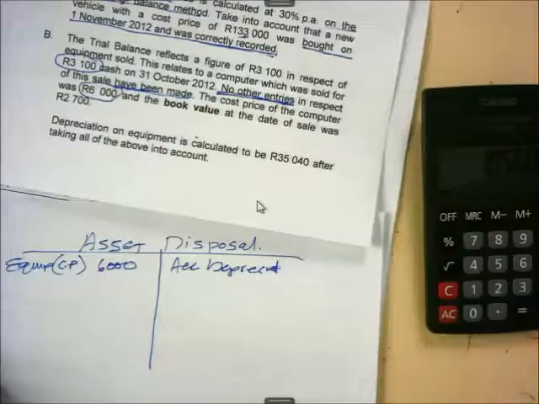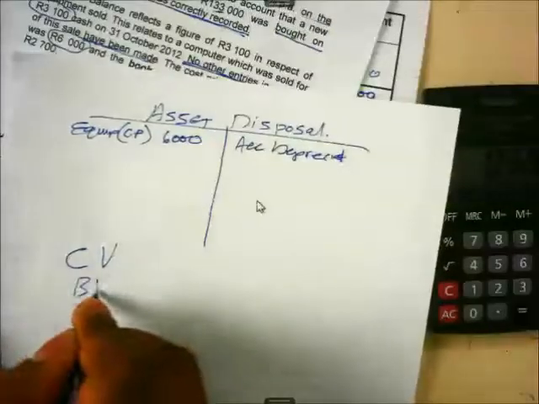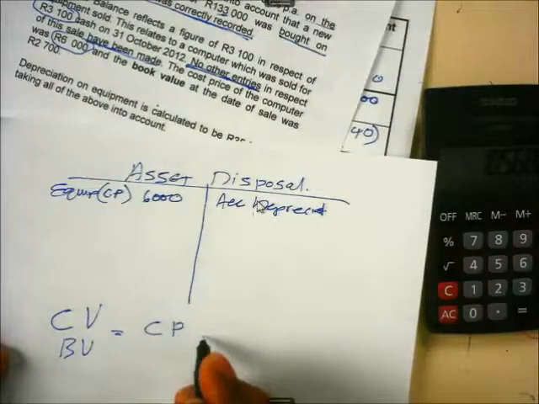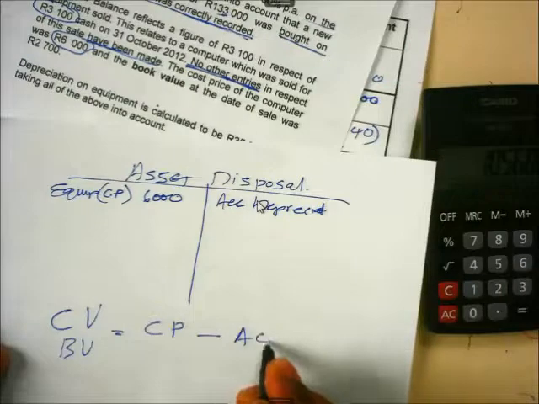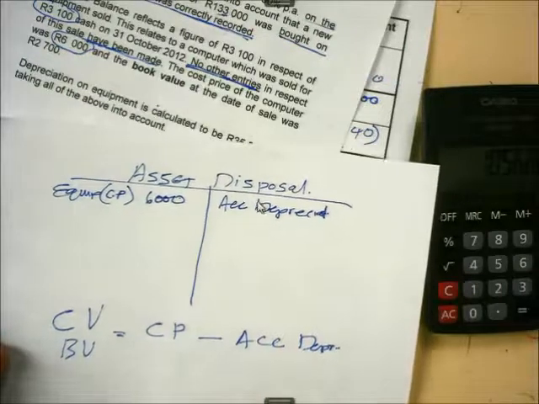Now, remember what we said. We said carrying value, which is actually book value, is equal to cost price minus accumulated depreciation, right?